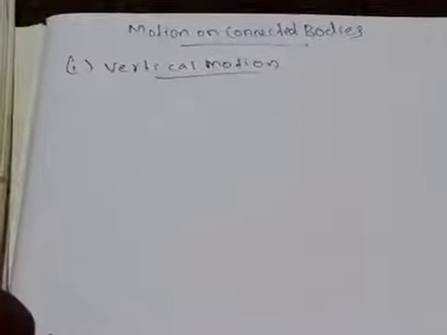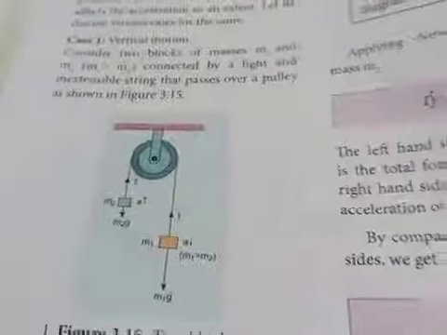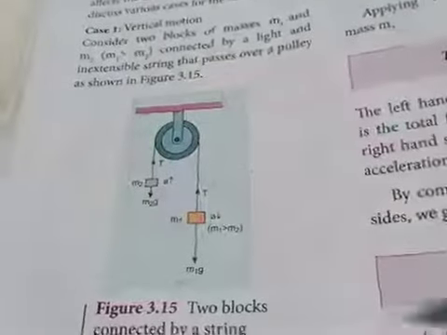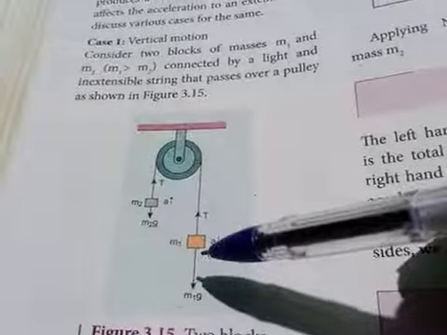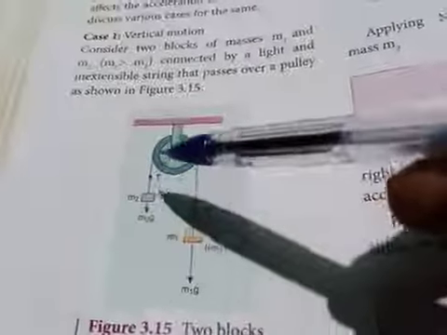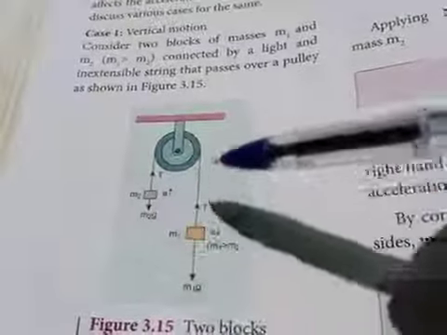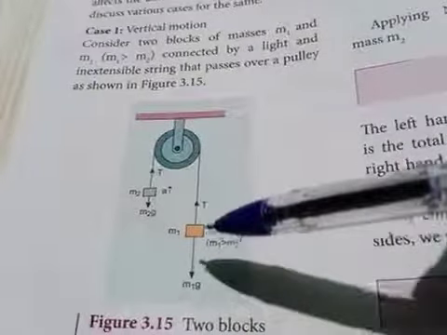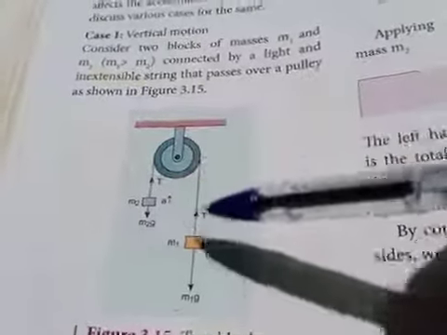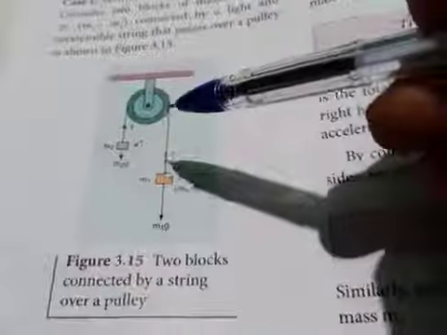First, consider the vertical motion. Here you can see two blocks, M1 and M2, and M1 is greater than M2. They are connected by a light and inextensible string, a very thin string, passing over a pulley.